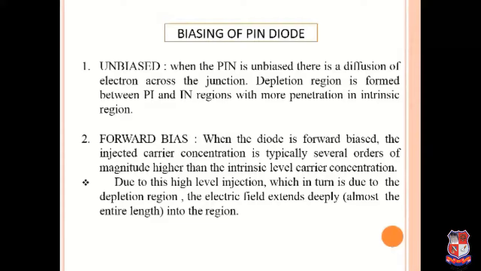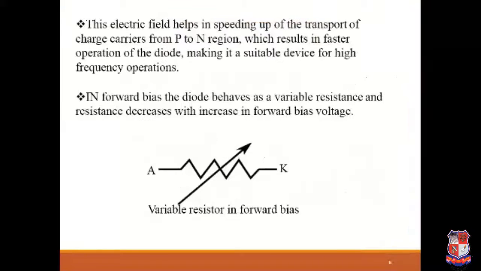Due to this high level injection, the electric field extends deeply almost into the I region. The electric field helps in speeding up the transport of the carriers. With P and N heavily doped, when you use this PIN diode in forward bias, it acts as a variable resistor.